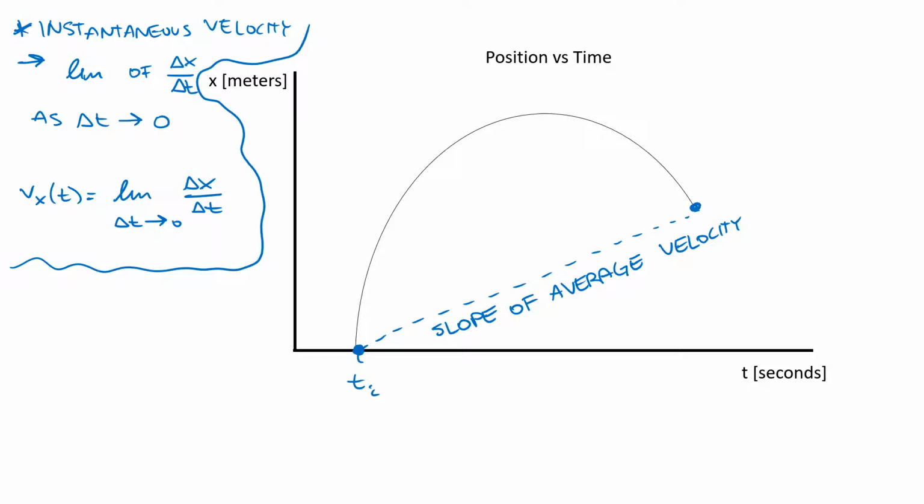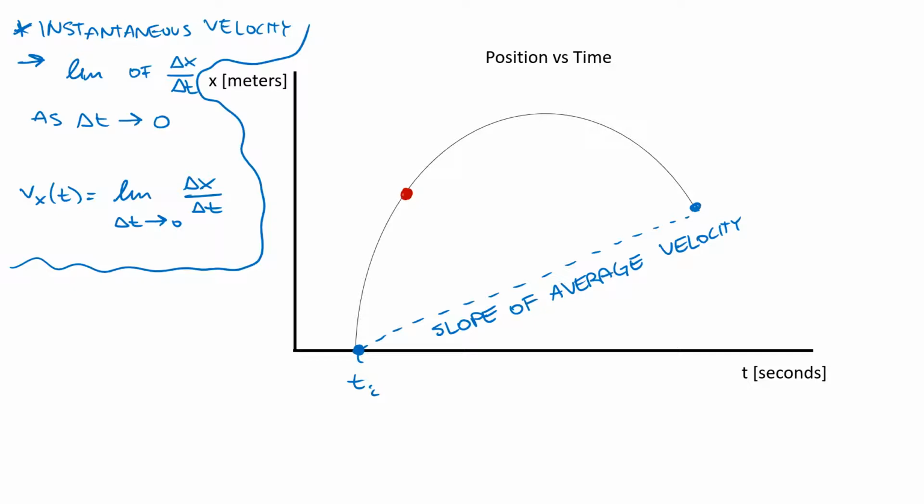That would be like if I wanted to know the velocity right at, let's say, maybe a little more dramatic, something right here. How would I find the velocity of that?